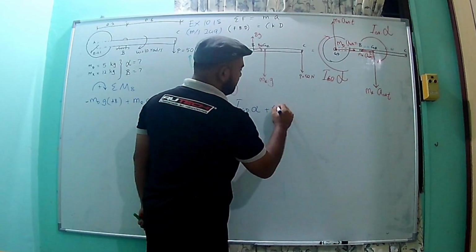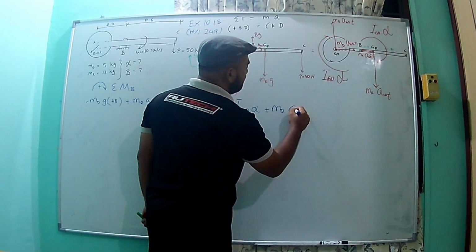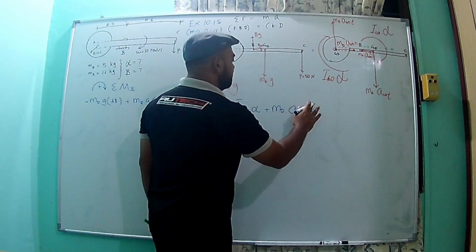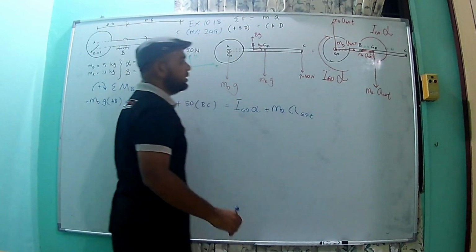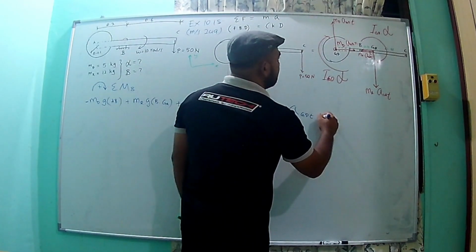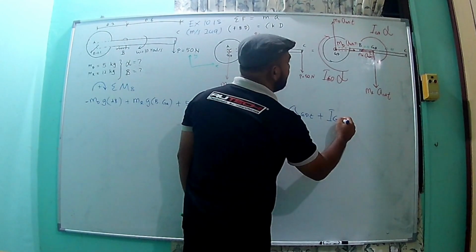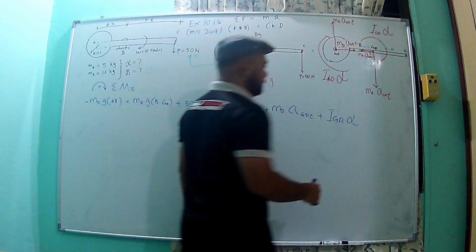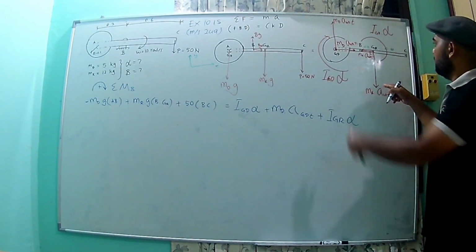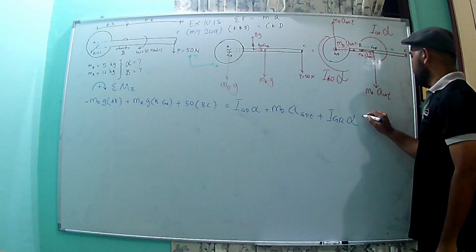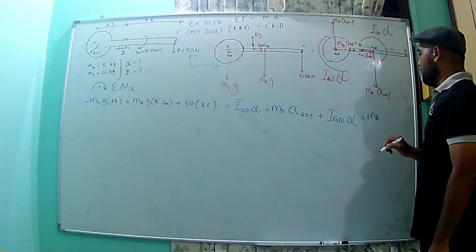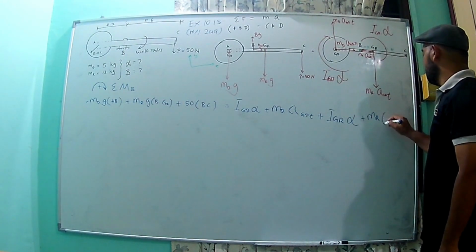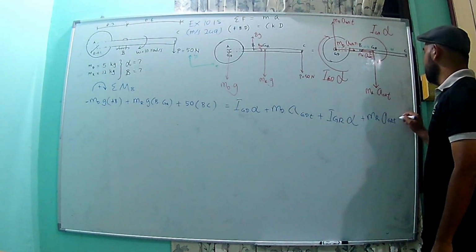Then this one, m_D a_G,D tangent, plus I_G,R alpha, and this one also pulls in this direction, positive, plus m_R a_G,R tangent.